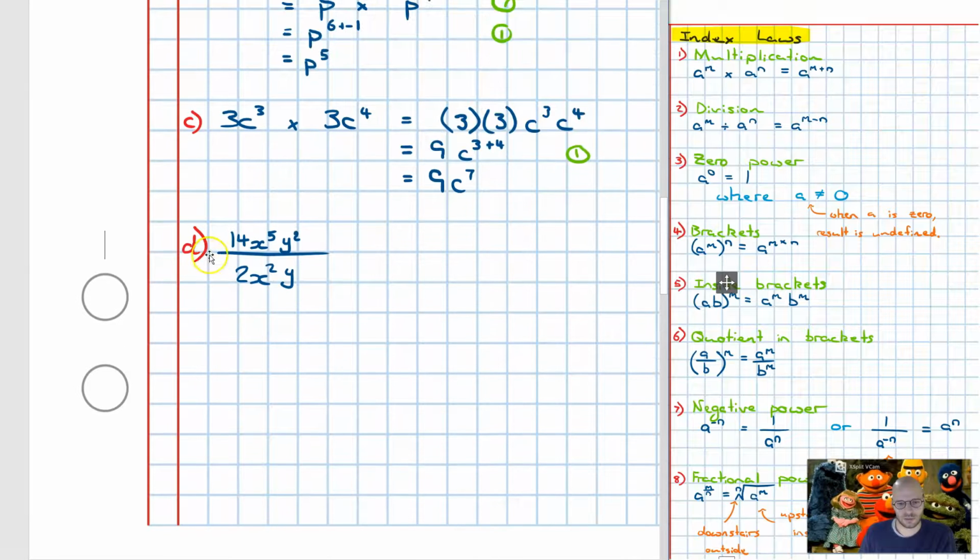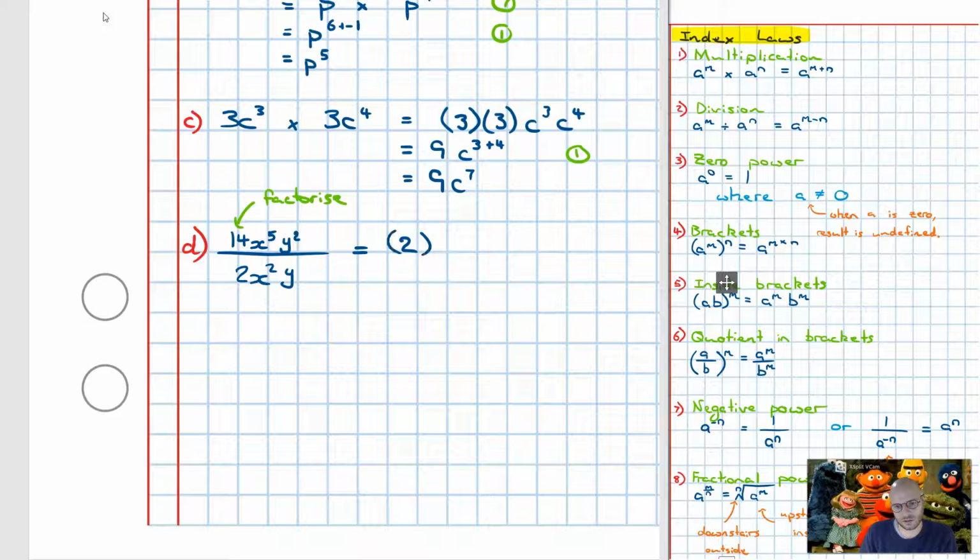We have example D. 14x to the 5 y to the 2 divided by 2x to the 2 y. Now the way in which we're going to tackle this is, firstly we need to factorize this number. So we need to look for common factors. Now simply looking at this, I know the factors of 14 are 2 and 7.